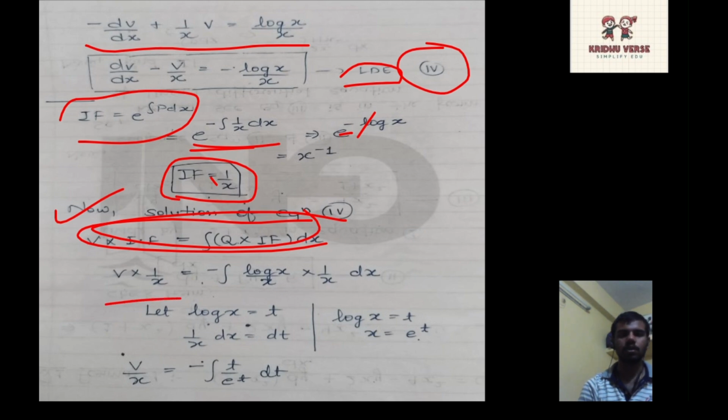This is the basic solution equation. Now keeping the IF value, v into 1/x equal to integral of minus log x over x, this is the Q value, into 1/x dx.